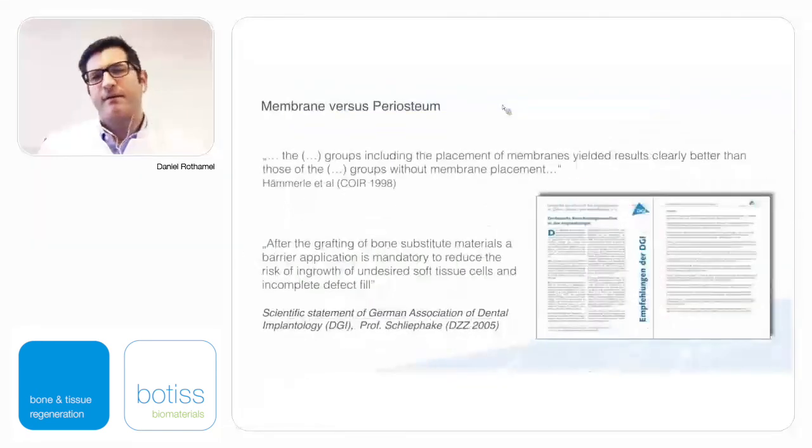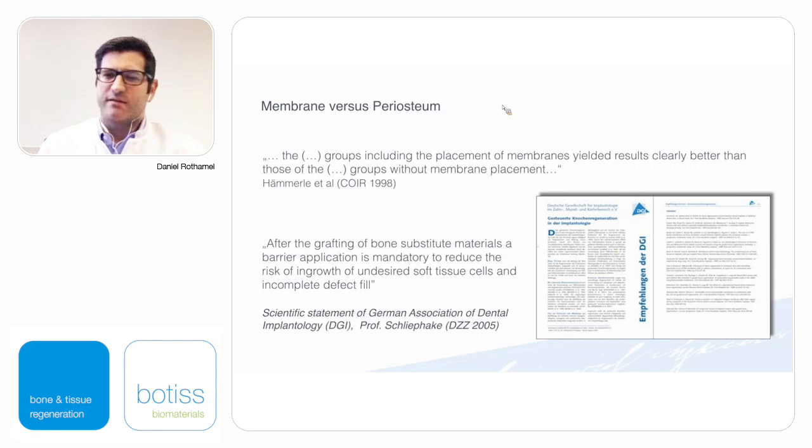Nevertheless, we also have some statements from the German Association of Dental Implantology, also from the EAO, that we should use it, that we are getting better results after the use of a barrier in between the desired compartment for bone regeneration and the surrounding soft tissue.